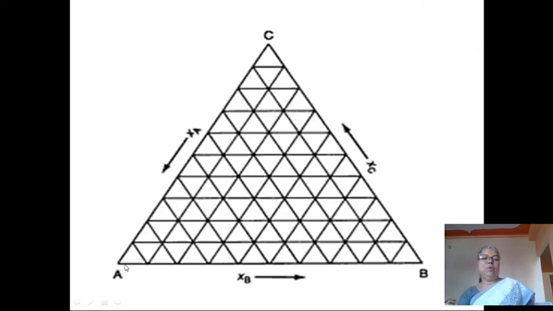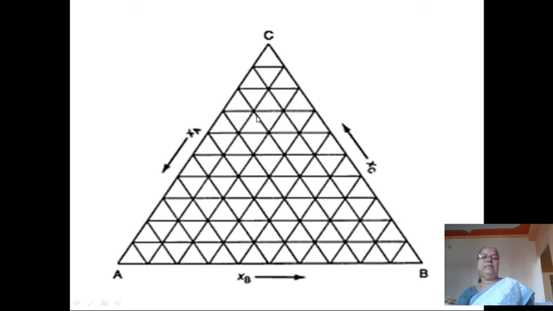Similarly, at this point the composition of C is 0 as well as the composition of B. At this point we have 100% composition of B and 0% composition of C as well as A. And similarly here we have 100% composition of C, and 0% A and 0% B. This equilateral triangle is divided into 10 equal parts.